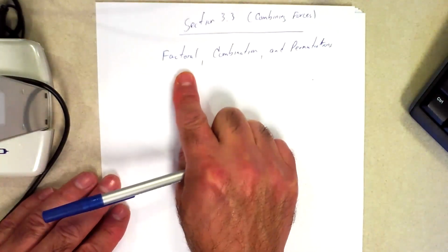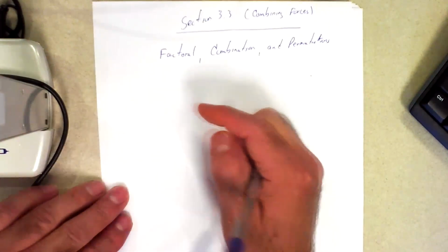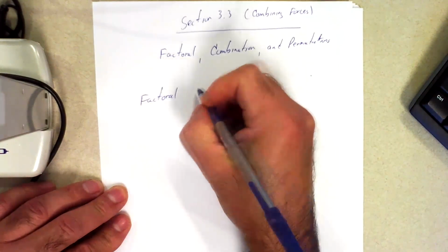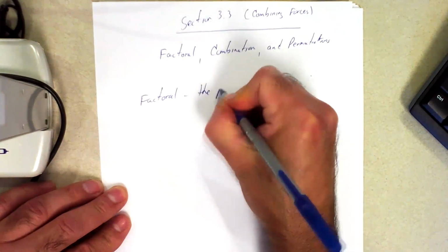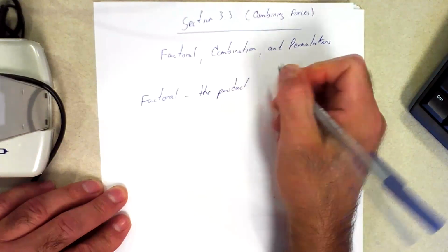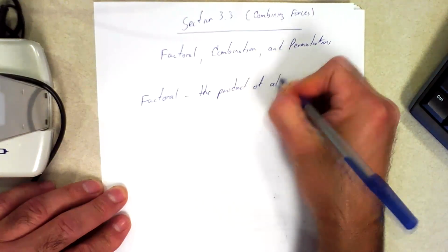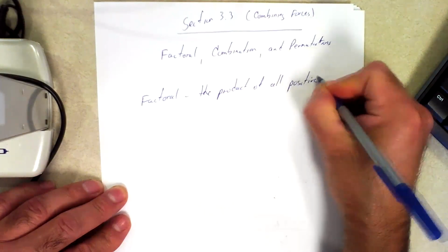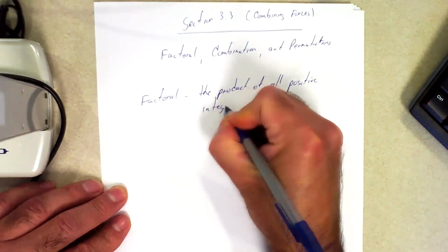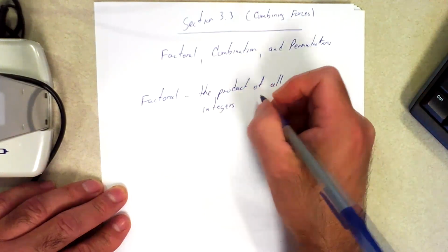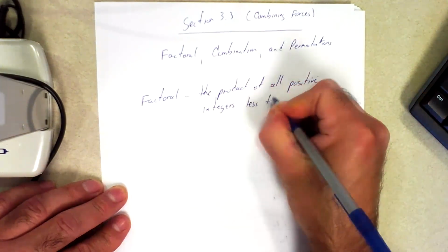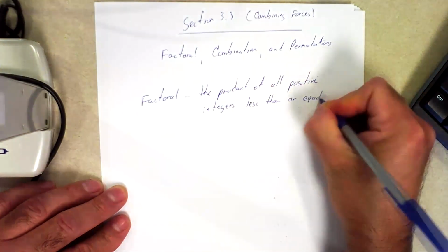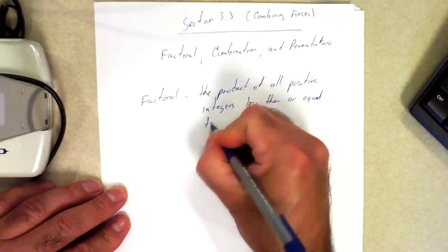Okay, so let's look at the factorial. What is a factorial? The definition of a factorial is the product of all positive integers less than or equal to n.